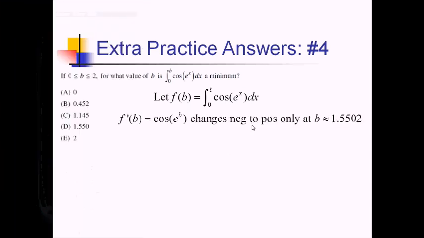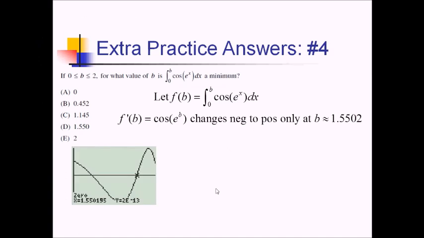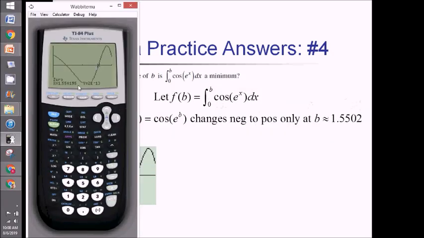So this is the only value that we actually need to test other than 0 and 2. To make my life a little bit easier, I'm going to quit out of my graph and press the store button to immediately store that value as A, or whatever letter you want. Now I don't have to retype the whole thing.